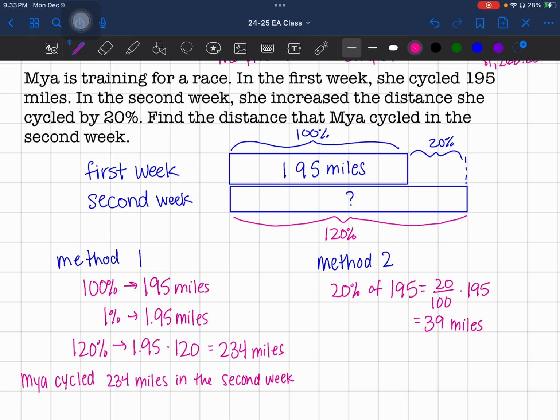And then you add, because remember this part is 20%. So 20% plus the original 100 is 195, which is 234 miles. So Maya cycled 234 miles in the second week.